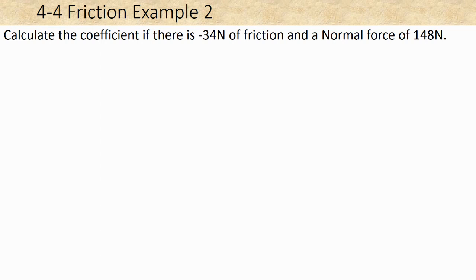Problem 2 reads, calculate the coefficient if there is negative 34 newtons of friction and a normal force of 148 newtons. So here, we're going to take a look at what we have. 34 newtons of friction and a normal force of 148.